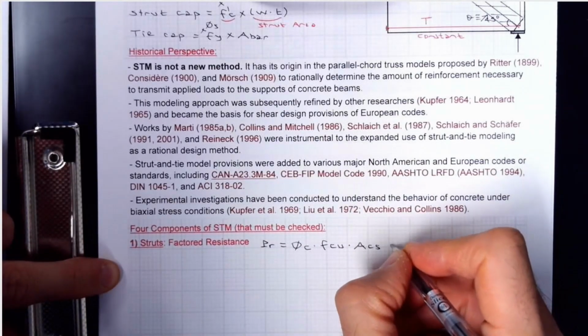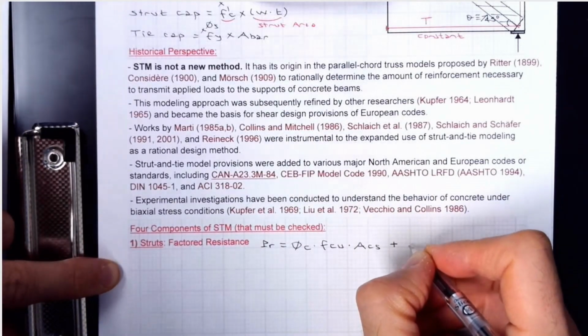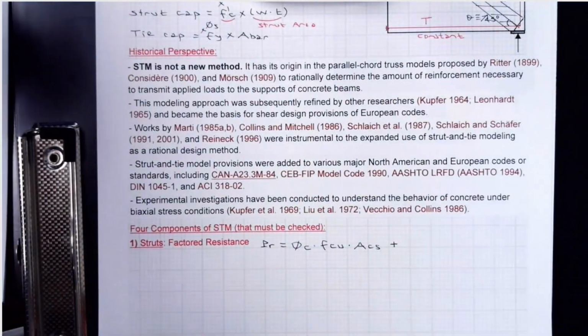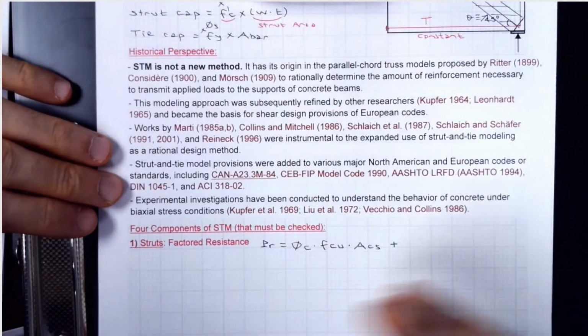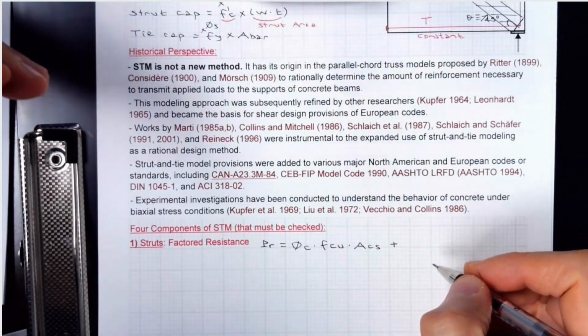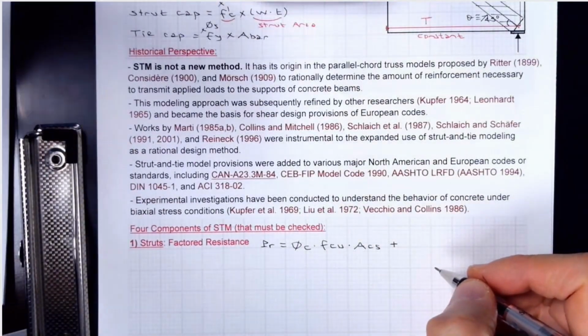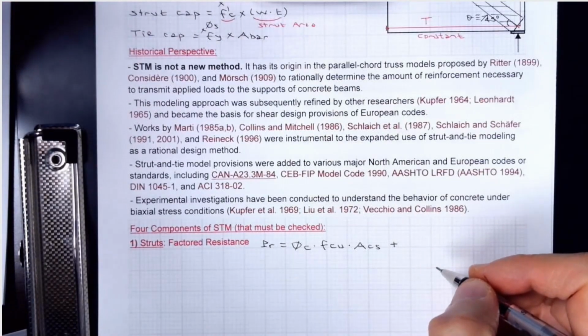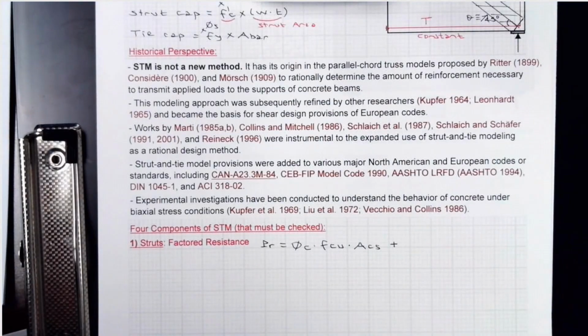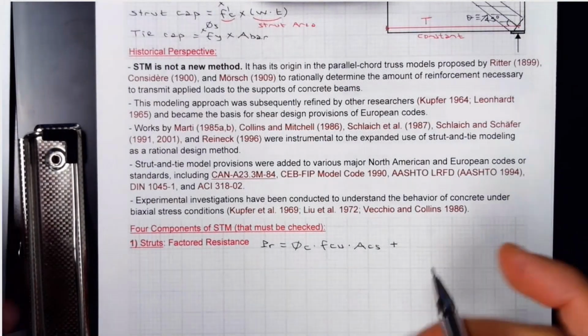There is also a plus term, I mean, we don't do this very often. You have to be really desperate to use the second term. It's not extremely recommended, but you can reinforce struts. Let's say you have a column which doesn't have enough capacity. What you need to do is to increase the dimension. That's the natural way of solving the problem, but you can also put more reinforcement in it to increase the capacity.